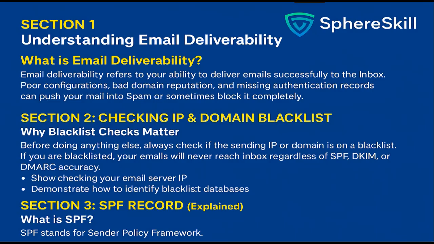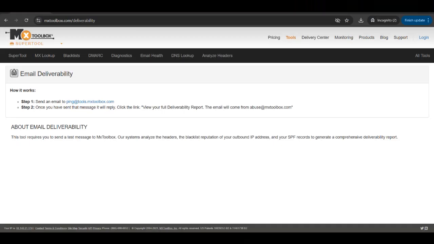SPF is Sender Policy Framework, which we defined in our first video. If you have not gone through that, I will leave the card on the top. Pick up the card and go through the complete video so that you get a clear understanding. Now we will see in practical how we can check this.